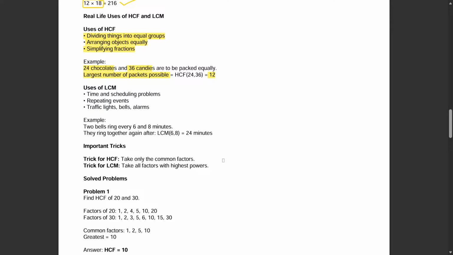If we take the largest number of packets possible, that is the HCF of 24 and 36, then we will get the right answer, that is 12.